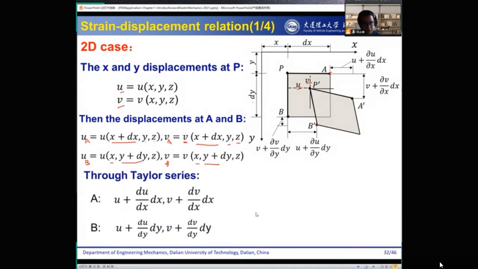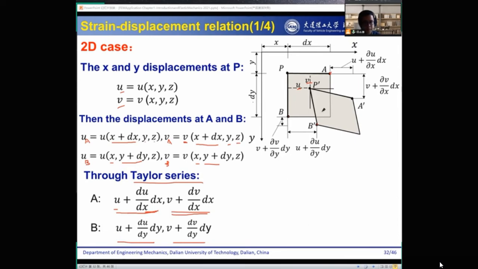And then we do the Taylor expansion. We can simplify. We can ignore the higher order part. Then we only take the first part, the linear part. So we have the displacement for A. This is the x direction, and this is the y direction. And also we have the displacement for B, x direction and y direction.